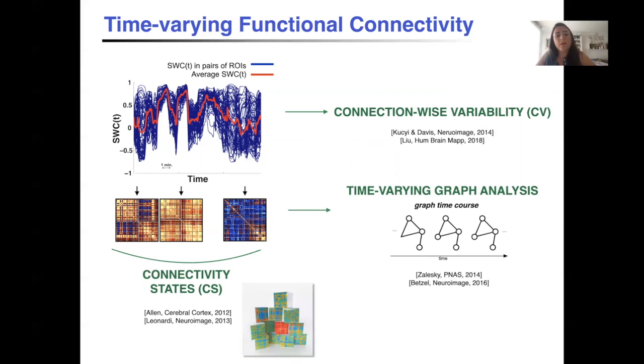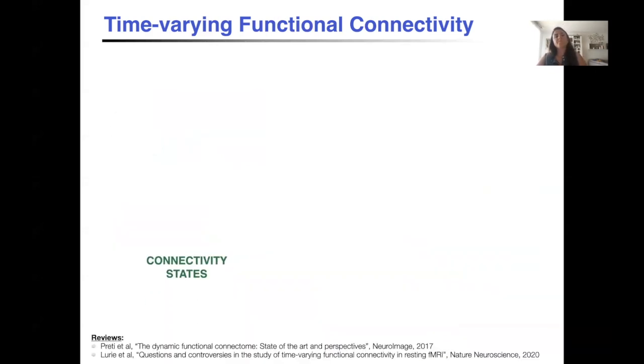Or if you apply some factorization techniques to your connectivity matrix, you can retrieve what we call connectivity states, that are a number of exemplified states that the brain goes through within the time of the acquisition, and the properties of these states will be different, of course, with respect to the technique that is used to retrieve them. For example, k-means clustering is an option, principal component analysis was used before, and so on.